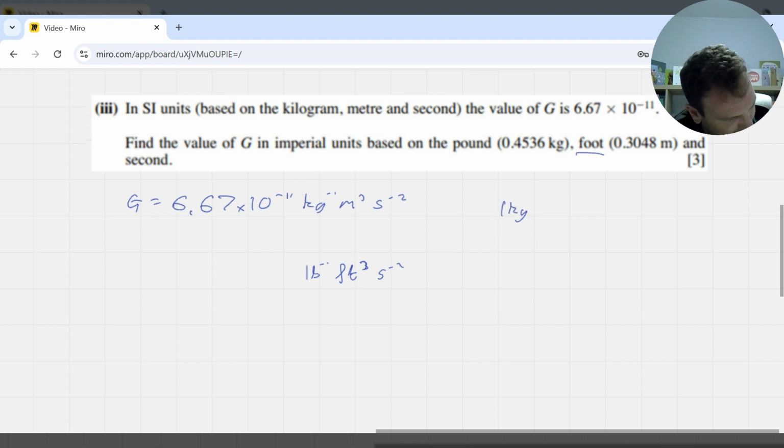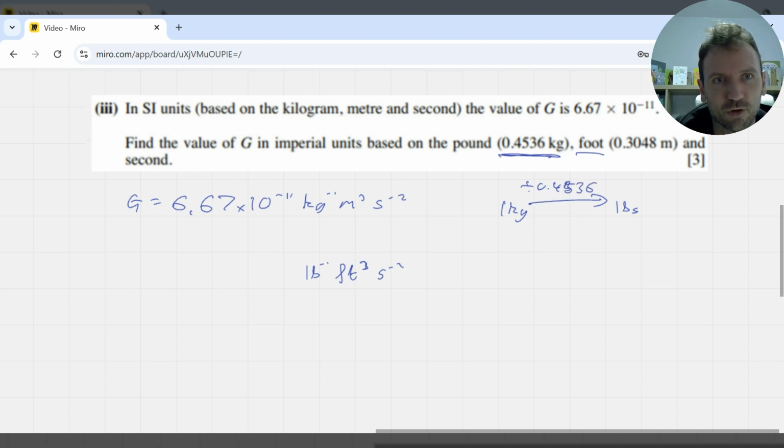So I'd always recommend making sure you're happy with how you do a conversion here. If we want to change from 1 kilogram to pounds, then what would we do? 1 pound is equal, as we're told, to 0.4536 kilograms. So if we've got 1 kilogram and want to get to pounds, we need to divide by 0.4536, or multiply by 0.4536 to the power of negative 1.